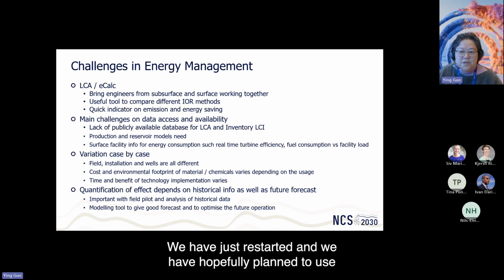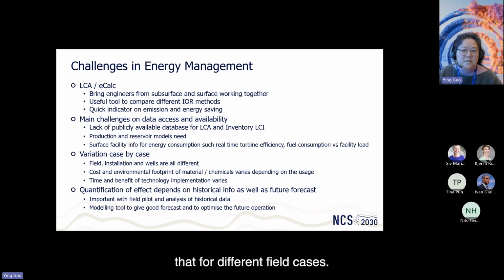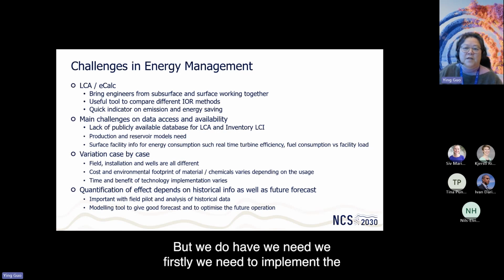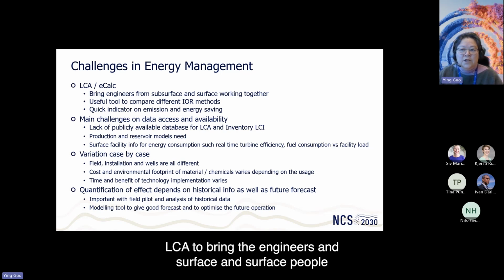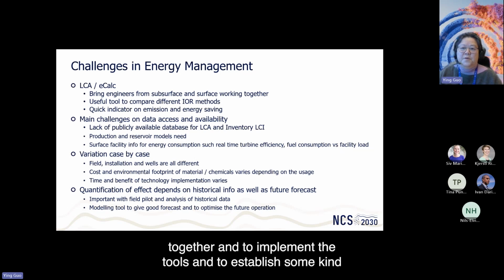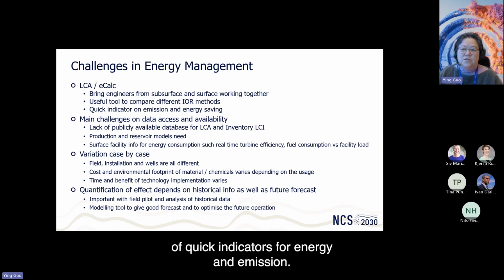We have just started and hopefully plan to use this for different field cases. But firstly, we need to implement the LCA to bring the engineers, surface and subsurface people, together, to implement the tools, and to establish some kind of quick indicators for energy and emission.